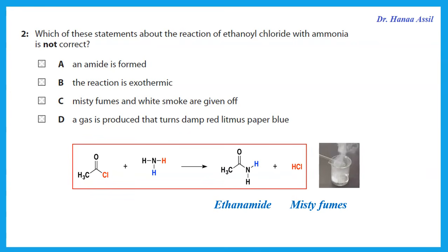Of course, this is the wrong statement because what is formed is HCl. HCl is an acid. Hydrogen chloride as a gas is not an acid, but when it dissolves in the water on damp red litmus paper, it turns the litmus paper from blue to red, not red to blue.